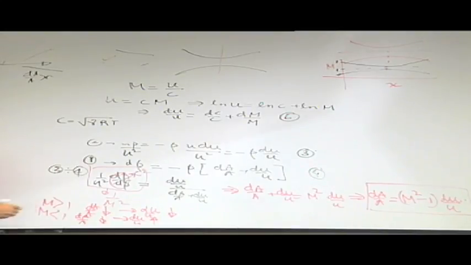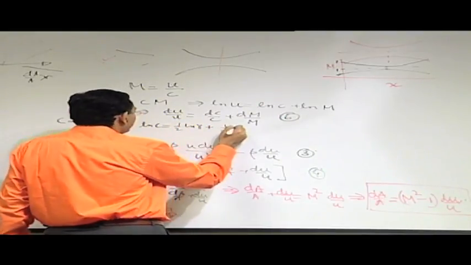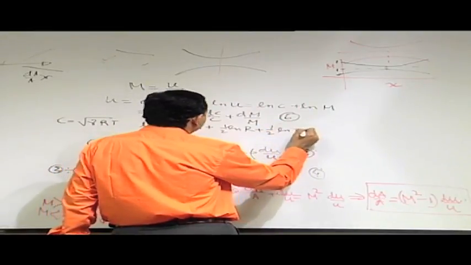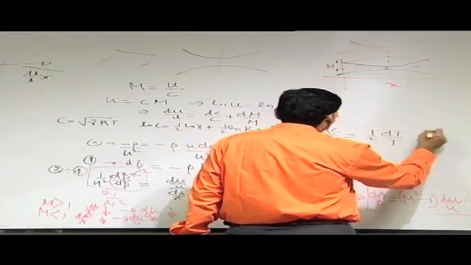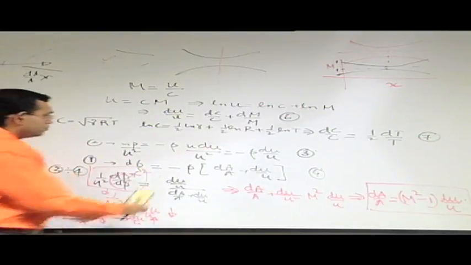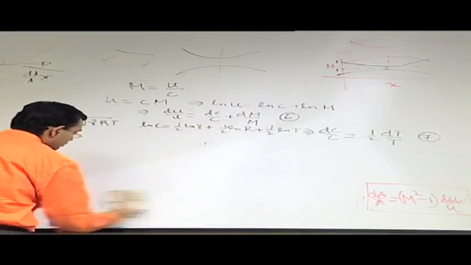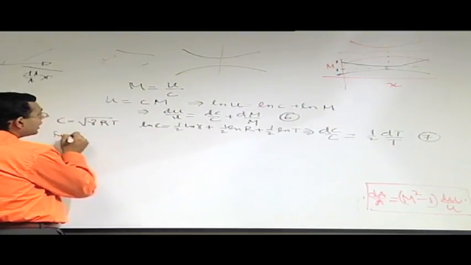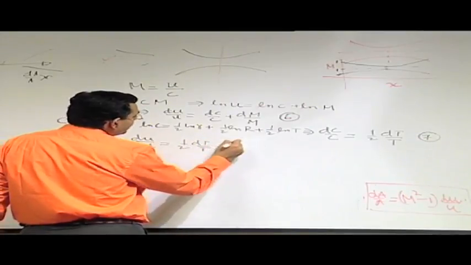So again we take log: log C is equal to half log gamma plus half log R plus half log T, that means dC by C is equal to half of dT by T. So dC by C is half of dT by T, therefore, you can write from 6 that du by u is equal to half dT by T plus dM by M.